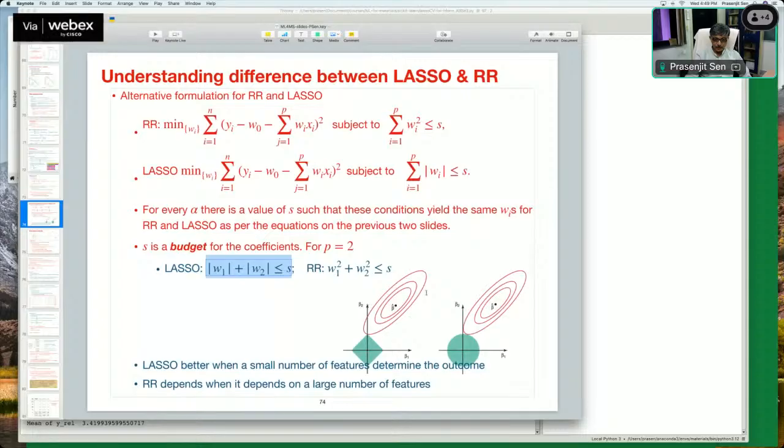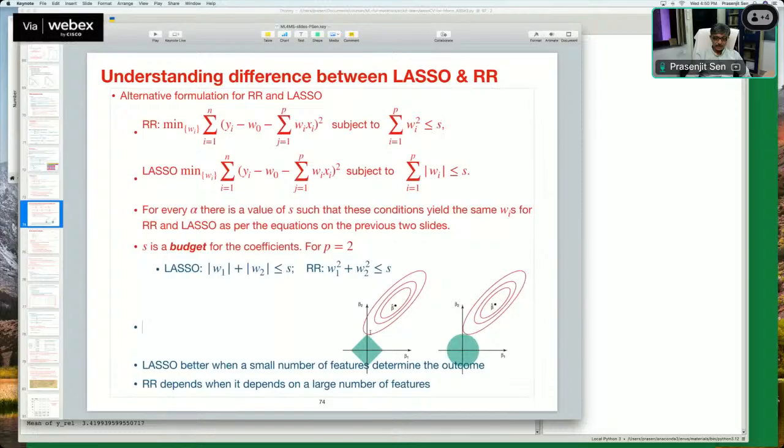So as you allow larger RSS values, wherever this contour touches this shaded area first, that is the solution for a given S.